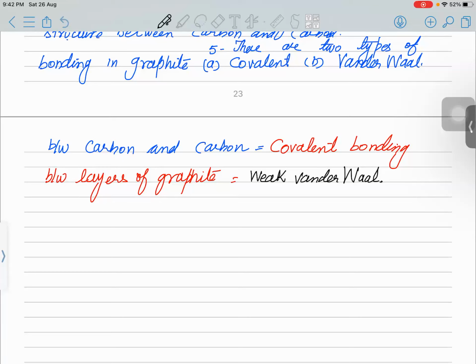Can you tell me how many valence electrons are there in carbon? Can anyone tell me the number of valence electrons in carbon? Sir, 4. Very good. So point number 6. Carbon has 4 valence electrons.